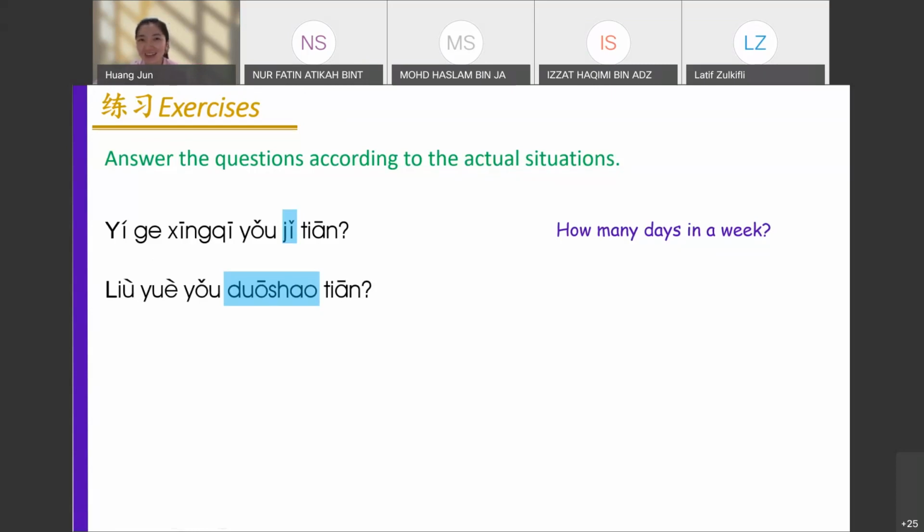Quite confusing, right? It's the name of the month, not counting 6 months. For counting 6 months, you should say 6个月. This is counting. This is not counting, it's the name of the month. So it's June.